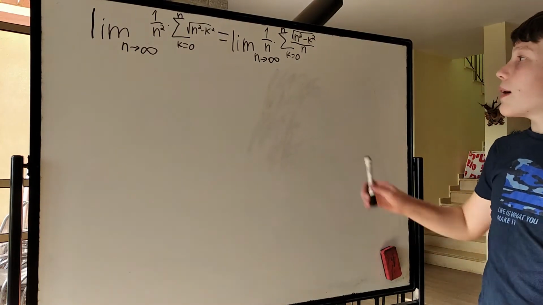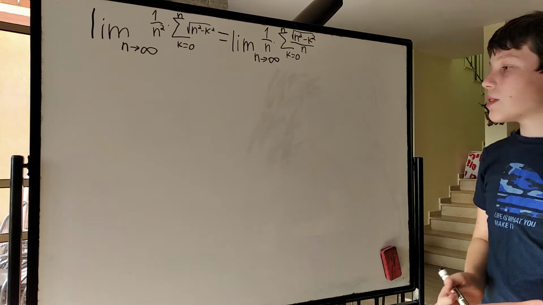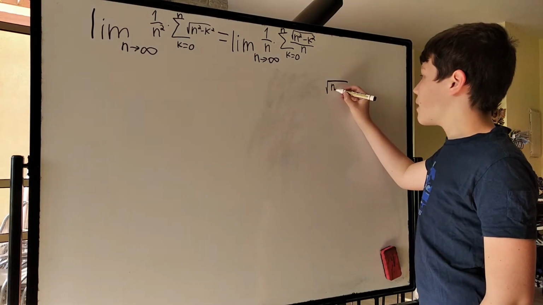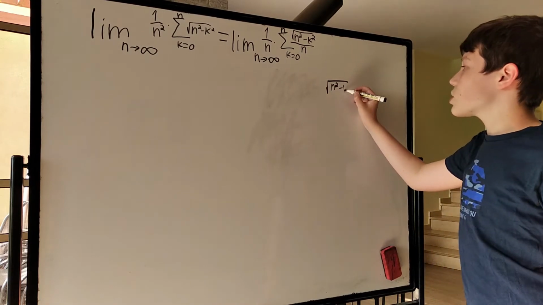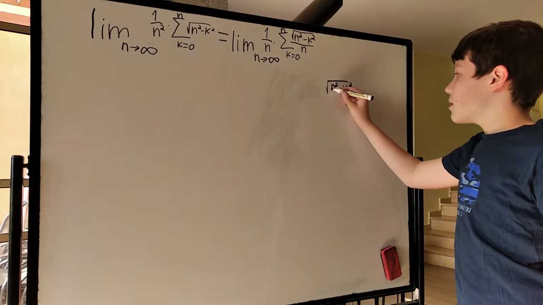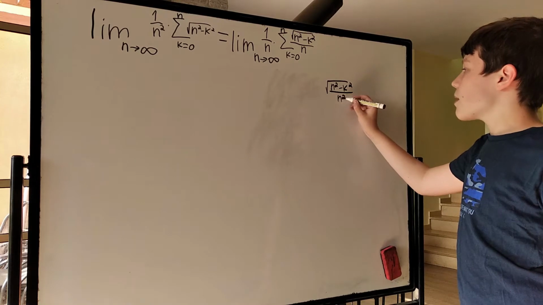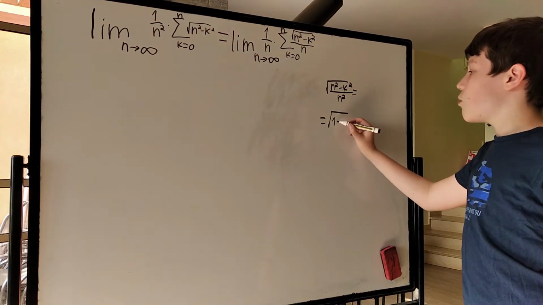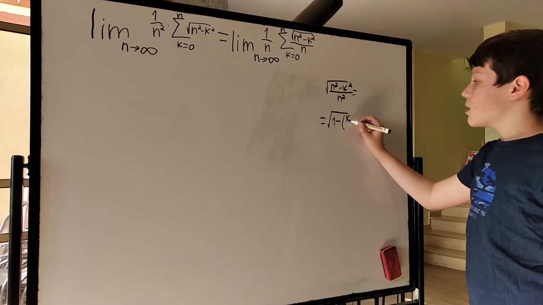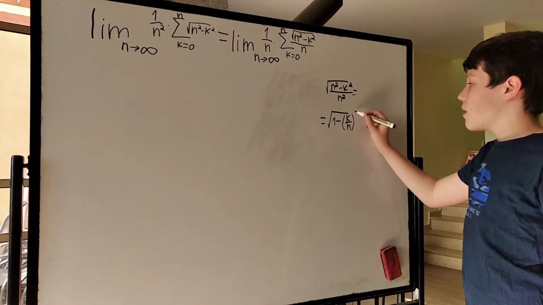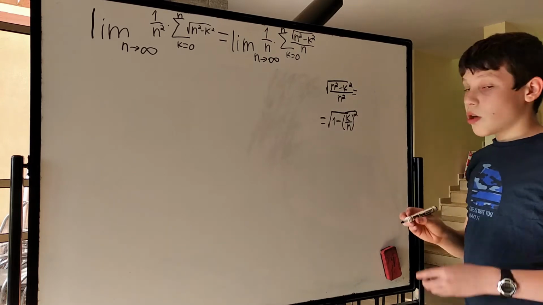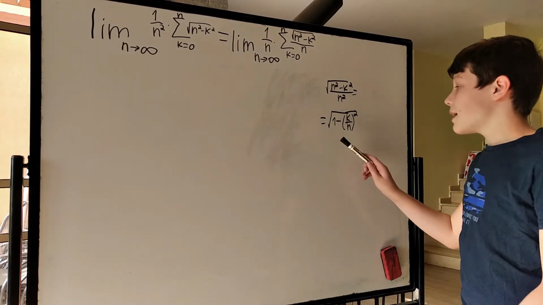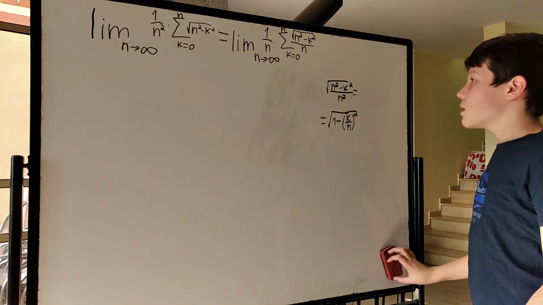And now we can put this n inside of the square root such that on the inside we have n squared minus k squared divided by n squared, giving us the square root of 1 minus k over n whole thing squared, which again is the form we were looking for, square root of 1 minus blank squared.